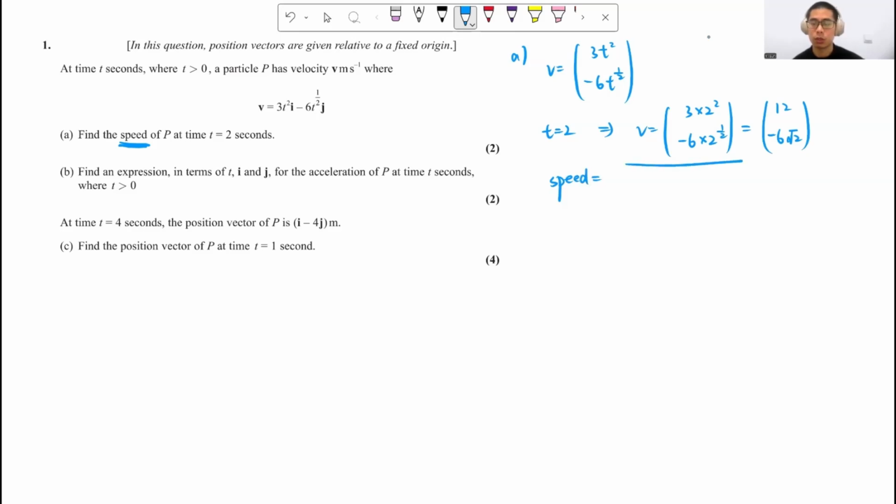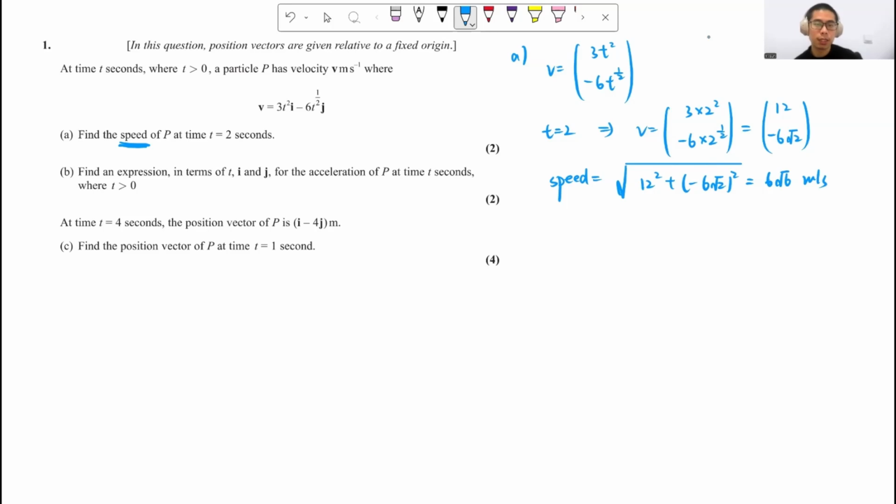So speed is equal to square root of 4 squared plus negative 6 root 2 squared. So if we put it in the calculator, square root of 4 squared plus brackets negative 6 root 2, those brackets squared, that would be just 6 root 6 meters per second.